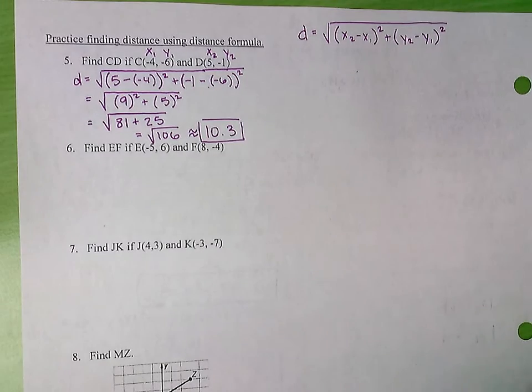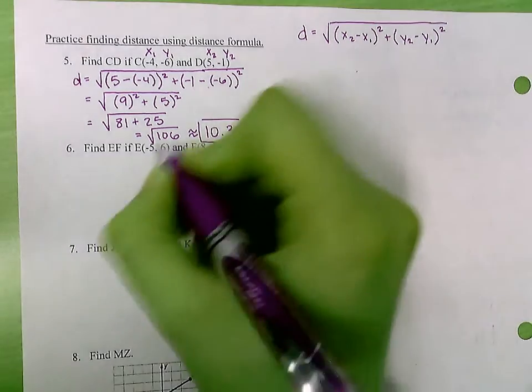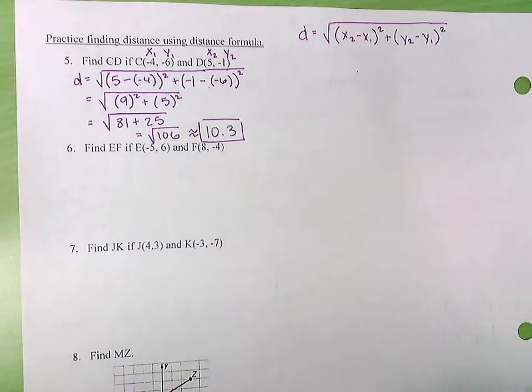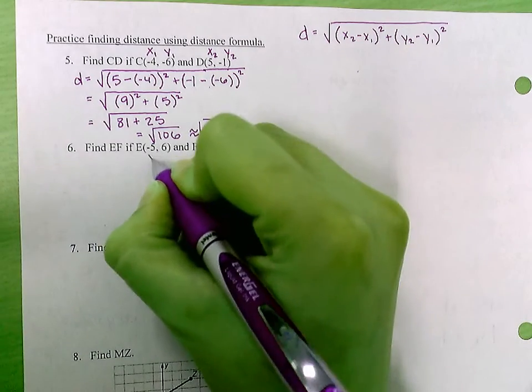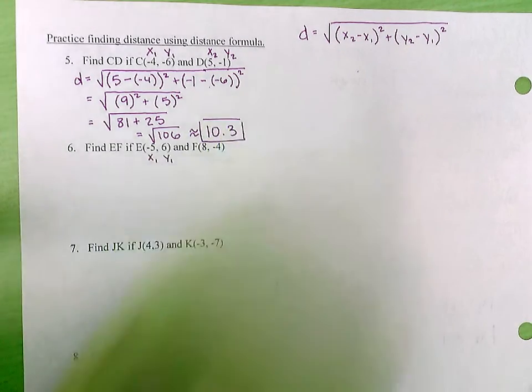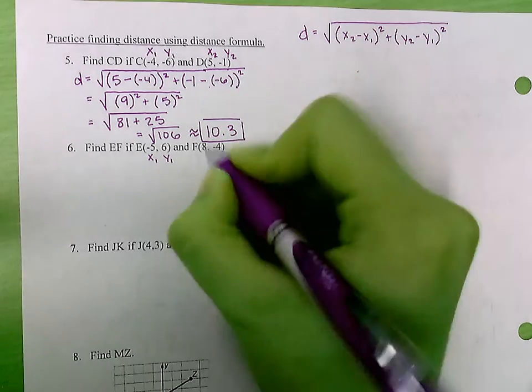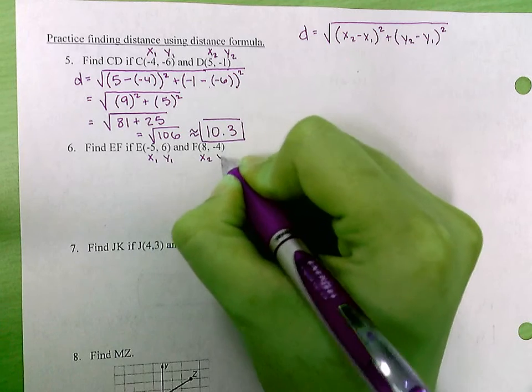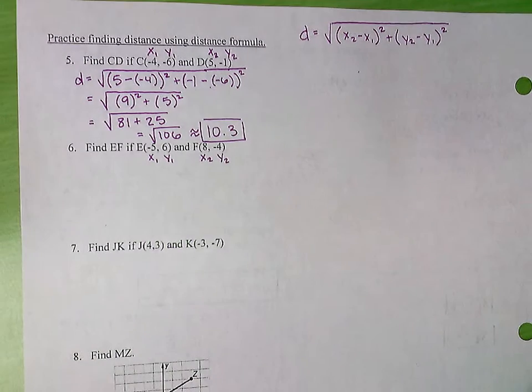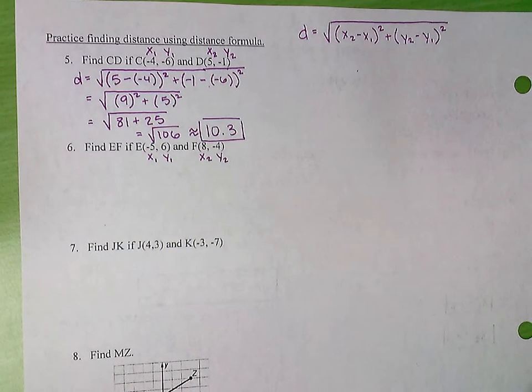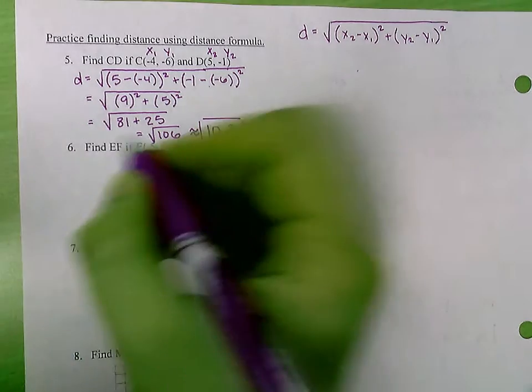So again, first step I'm going to do is label my coordinates. So point E is just the first that shows up, so I'm going to label it as x sub 1 and y sub 1. Point F, then I'll label as x sub 2 and y sub 2. And then I can use my distance formula and plug in those numbers.